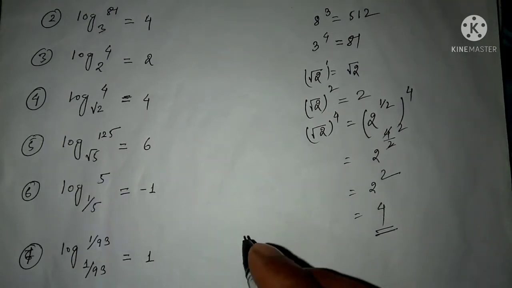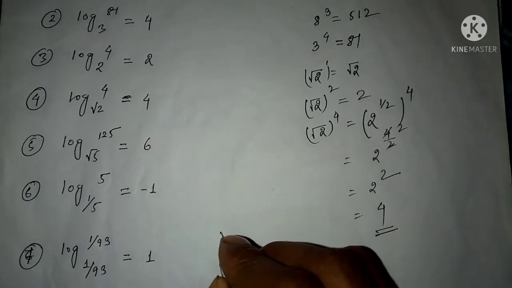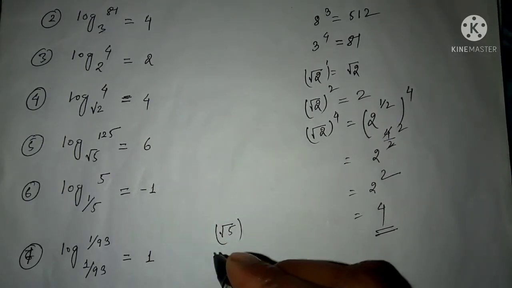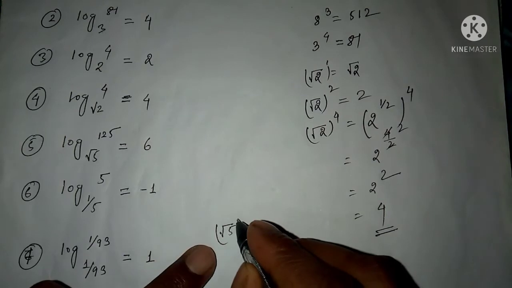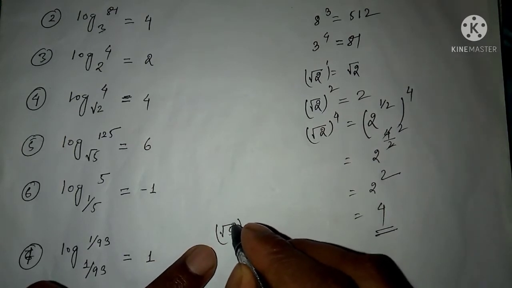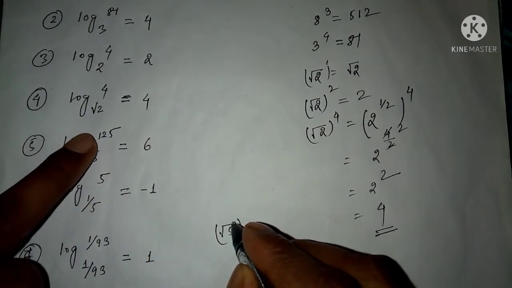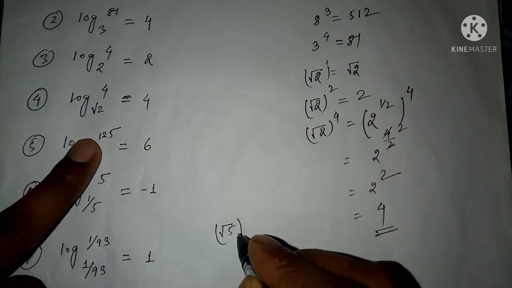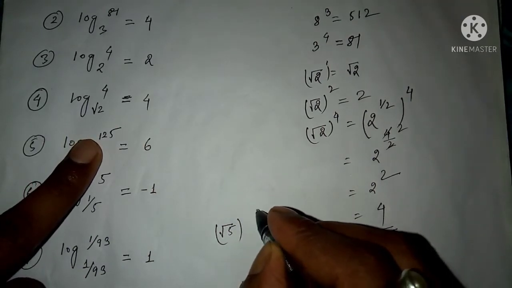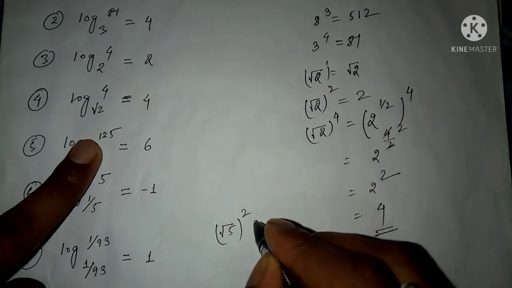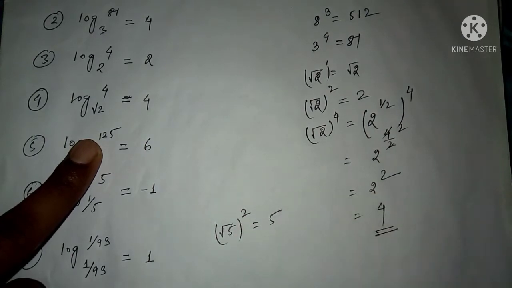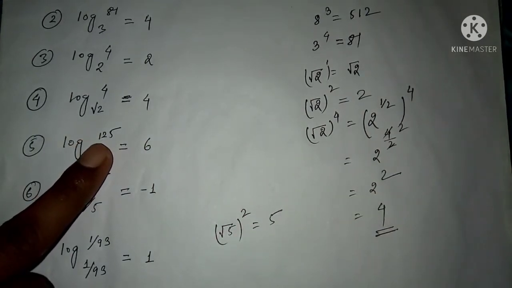So we'll check here. We need to write such a power of root 5 which gives me 125. If I write 1, then I will not get it. If I write 2, then I will get 5 only. But I need 125.